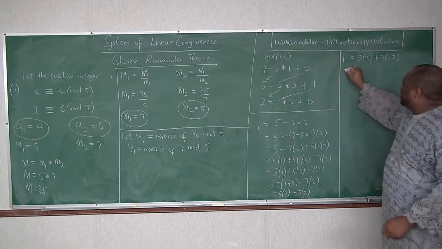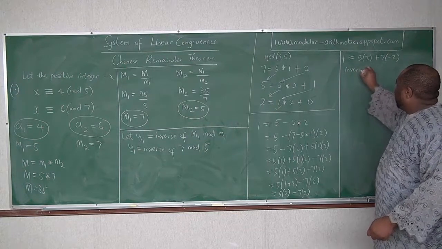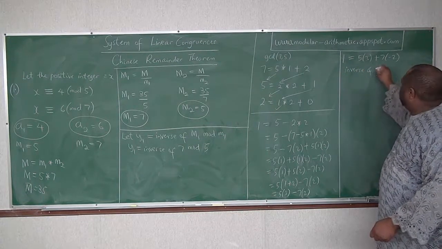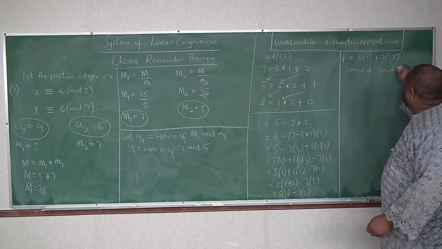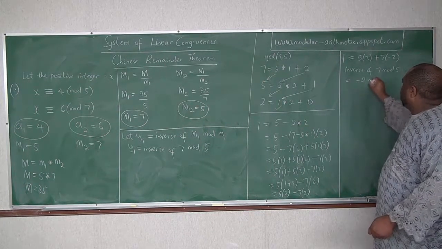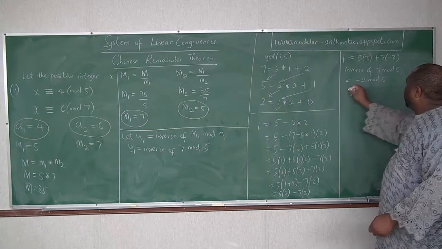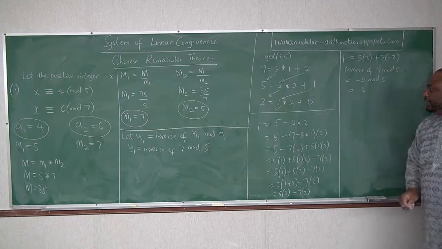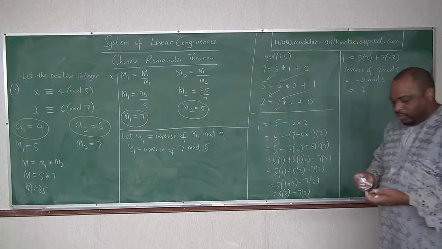Alright, so the inverse of 7 mod 5 is equal to negative 2 mod 5, and that gives us 3. So y1 is 3.